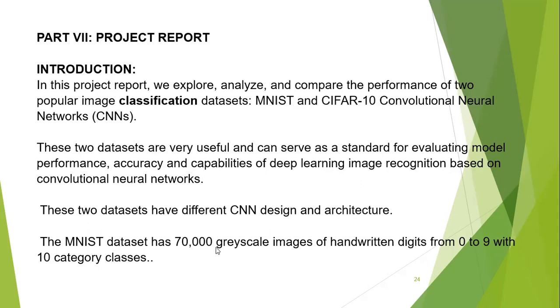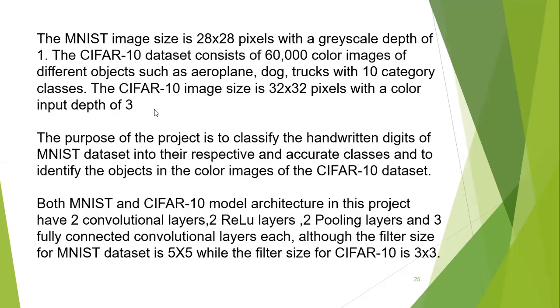The MNIST has about 70,000 grayscale images of handwritten digits, labeled 0 to 9, so about 10 category classes. The MNIST images are 28 by 28 pixels with a grayscale depth of just 1. And the CIFAR consists of 60,000 color images.